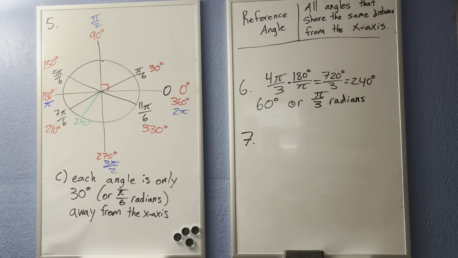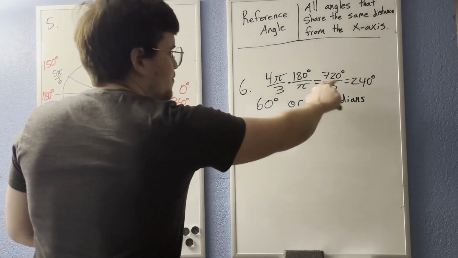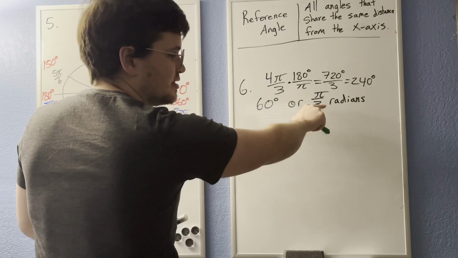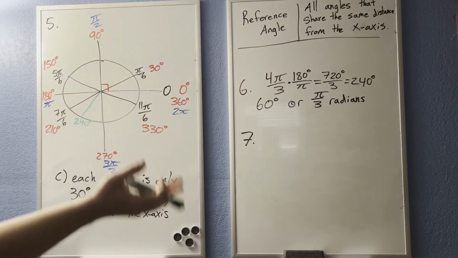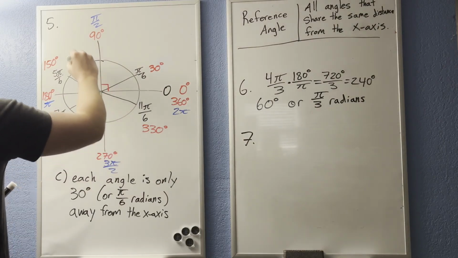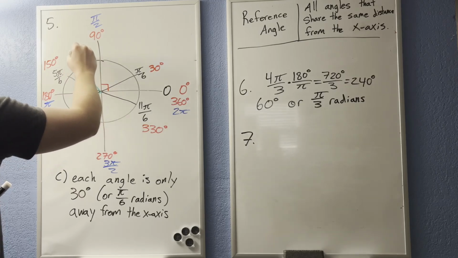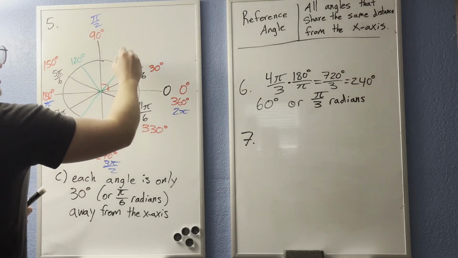It's asking what other ones have that same reference angle. We know 4 pi over 3 shares the reference angle pi over 3. Which other ones are 60 degrees up? Well, I could have 60 degrees this way, which is back to 120 degrees. We already have this 60 degrees.